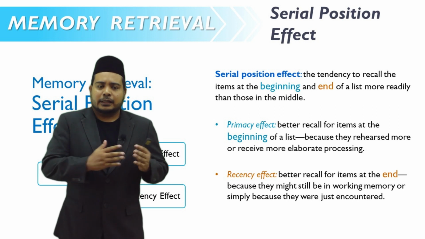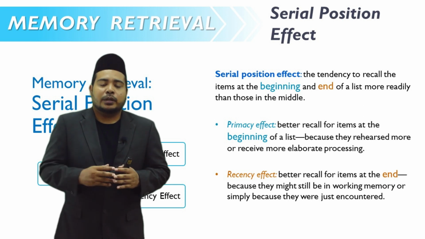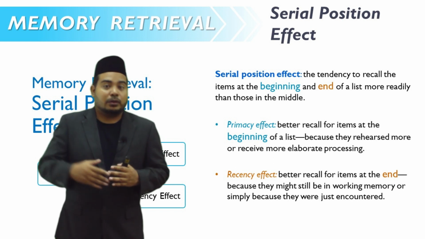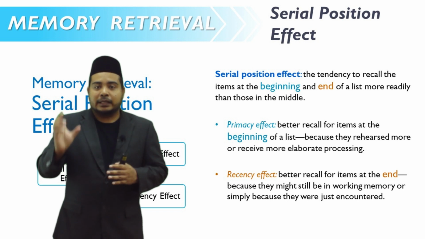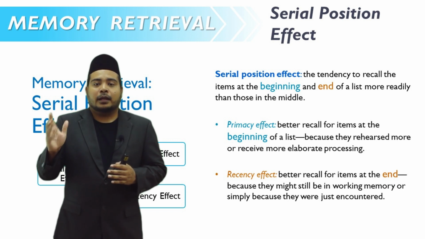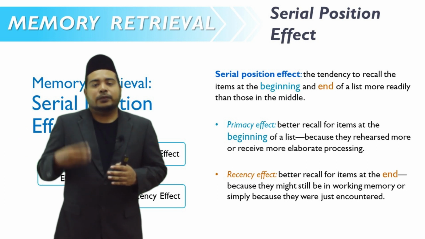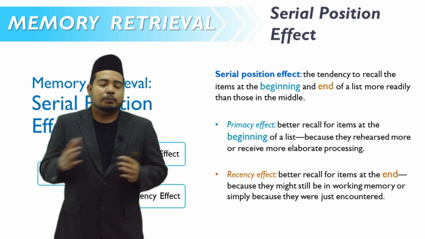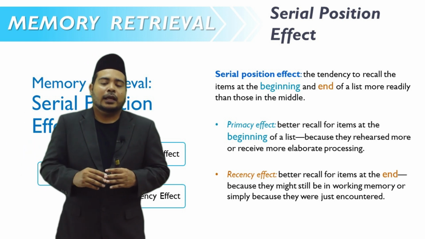The example is when we try to memorize Quranic verses. When we want to recite back, we already memorized them, we are able to recite the beginning of the ayah. However, the middle and the end of the ayah, we face difficulties, or sometimes we mix it around, or we forget the middle and the end of the ayah.